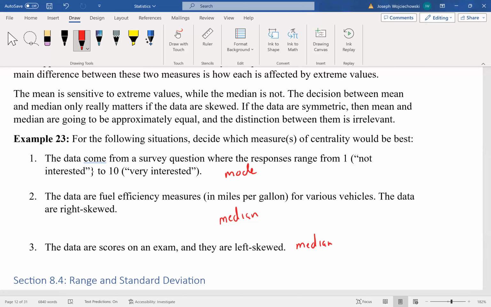The best example I can think of this really is wages at a business or home values in a neighborhood. If you ever think about it, when people are referring to salaries at a business, they don't say the mean or the average salary.